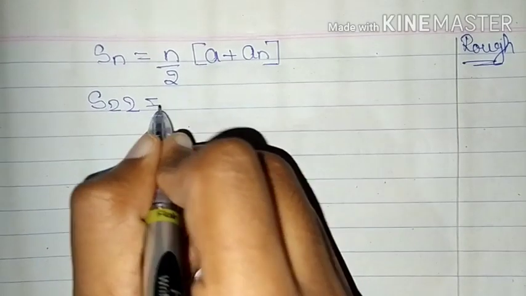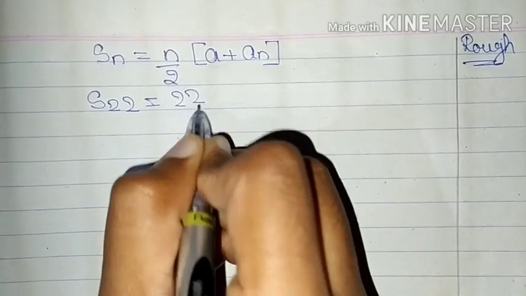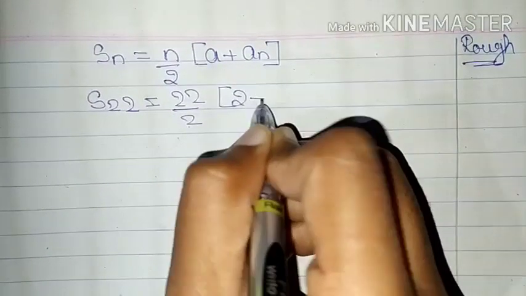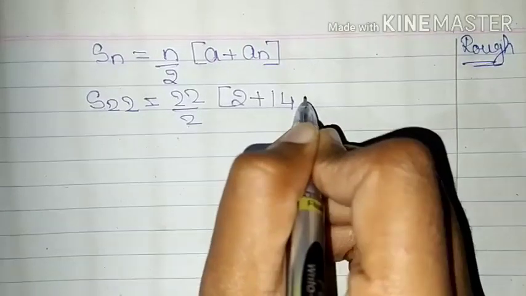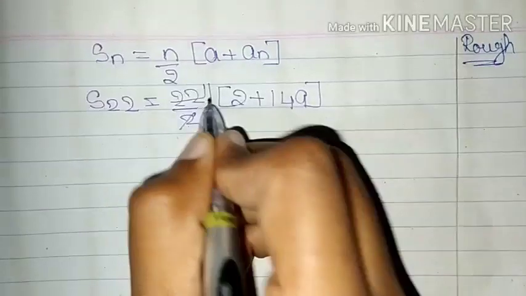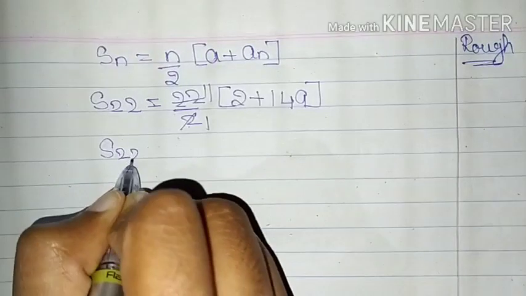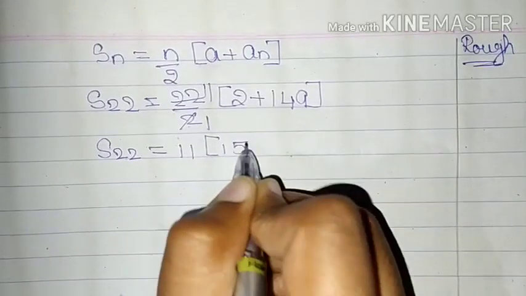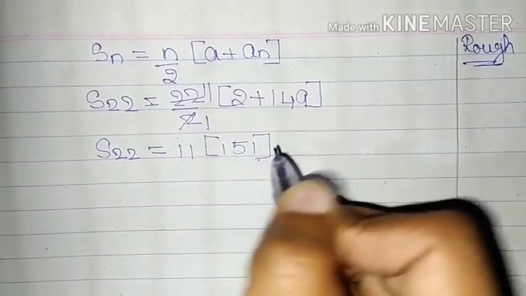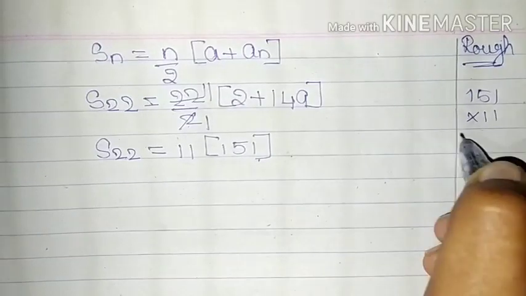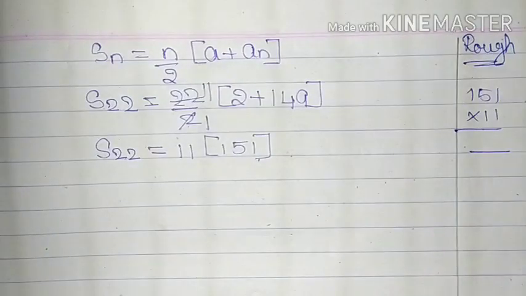S22 is equal to n by 2, which is 22 by 2, into 2a plus 149, that is the value of an. 2 ones are 2, 11s are 11. S22 is equal to 11 into 151. 149 plus 2 is 151. So the product is 151 into 11.